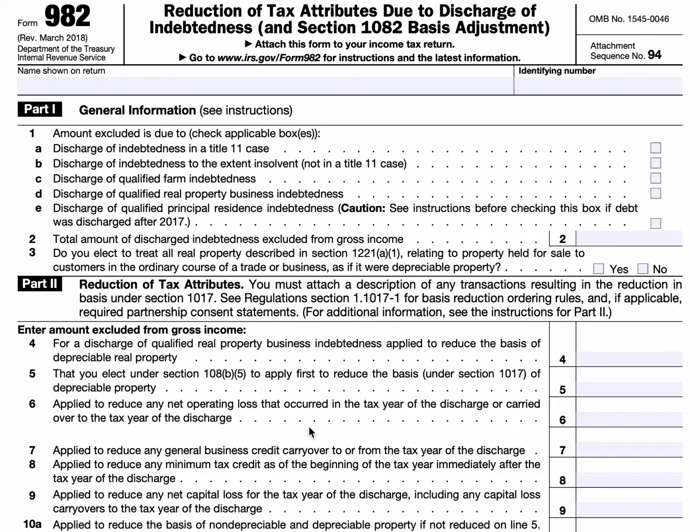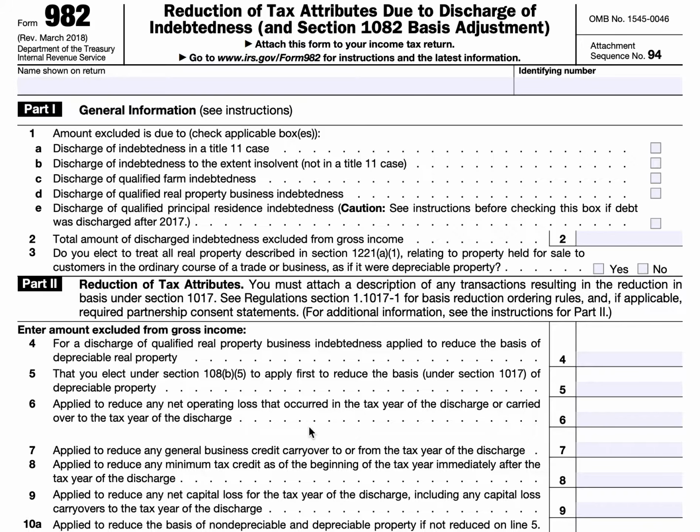We'll get into farm indebtedness, real property, business indebtedness, and finally, qualified principal residence indebtedness. The majority of individual income taxpayers will probably be using this form either to discharge debt under a Chapter 11 bankruptcy, in the case of insolvency, or qualified principal residence indebtedness.